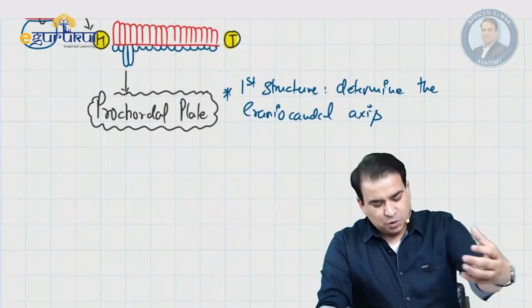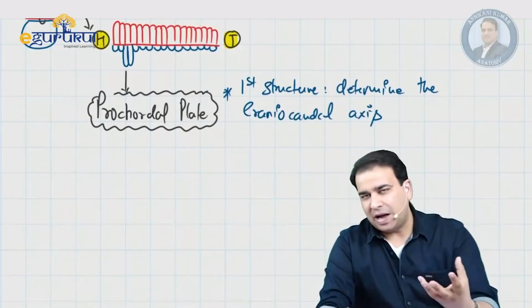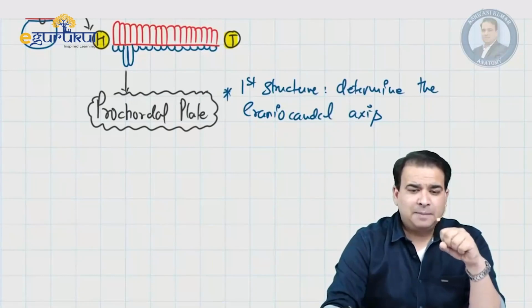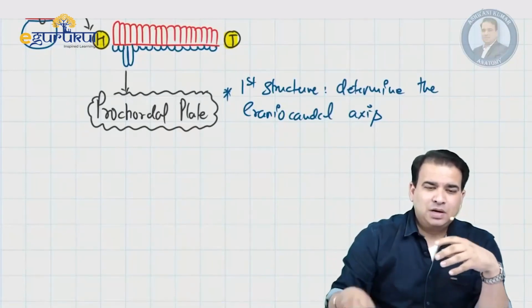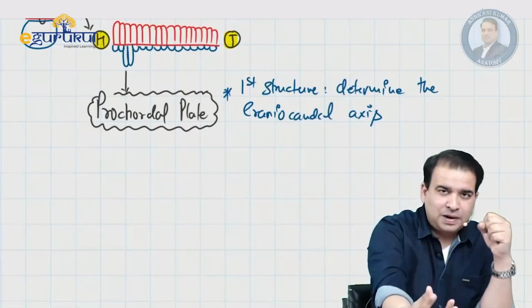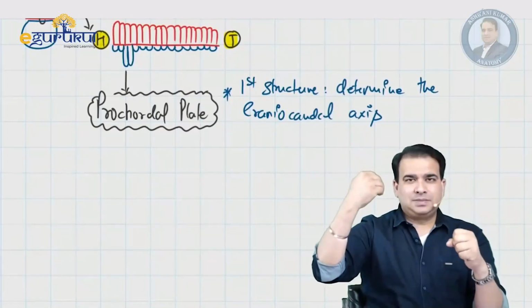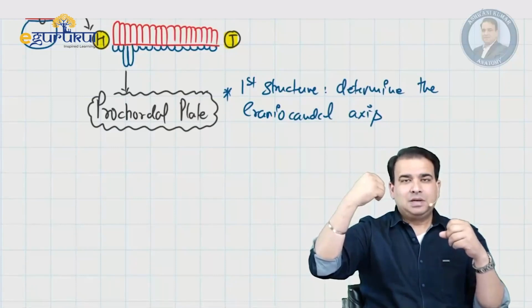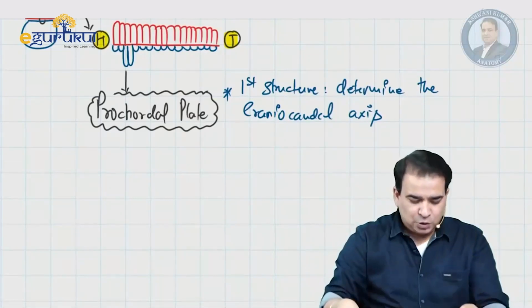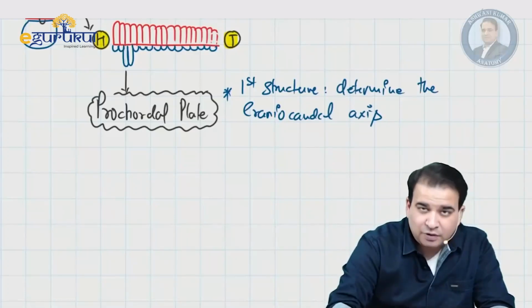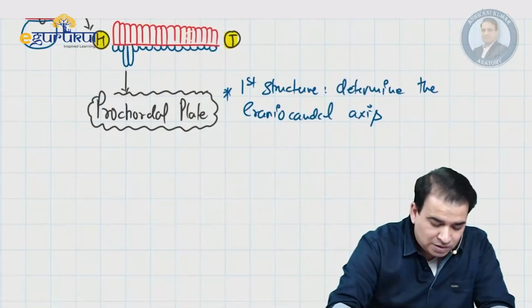So coming back to this, we said the procaudal plate is the elongation of the hypoblast cells at one end of the embryonic plate. So what will happen in the epiblast? As soon as the procaudal plate is formed, some changes will take place in the epiblast, and those changes will start from the tail end of the embryo and run toward the cranial end.